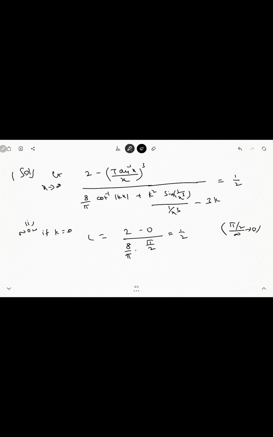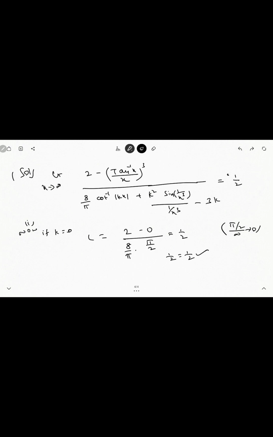Now tell me, what do you get there? 1 by 2 correct or not? So 1 by 2 is correct. So I am getting 1 by 2 is equal to 1 by 2, which means correct only. Whenever k is 0, that is suitable.